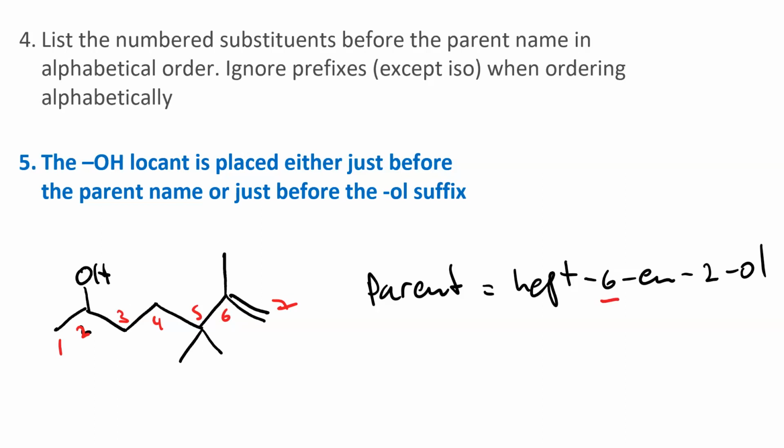The locant 6 is the lower of the two sp2 hybridized carbons, and the locant 2 is for the alcohol. And since we have these two functional groups, both the ene and the ol, in this case, we want to put the locant for the alcohol just before the suffix. Usually it works either way. And then we've got 3 methyl groups. So 5,5,6-trimethylhept-6-en-2-ol.